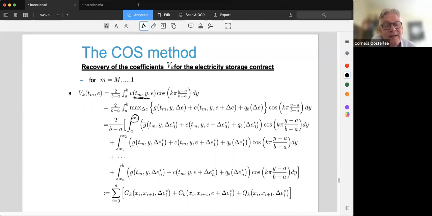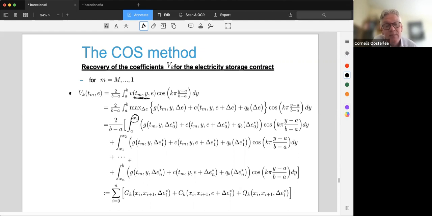So like we split it in the case of the Bermudan option between exercising and continuing, here we split between 0 units, E0 units, E1 unit, up to En units. So we split the integral into an integral from a to x1, from x1 to x2, etc., until xn to b.